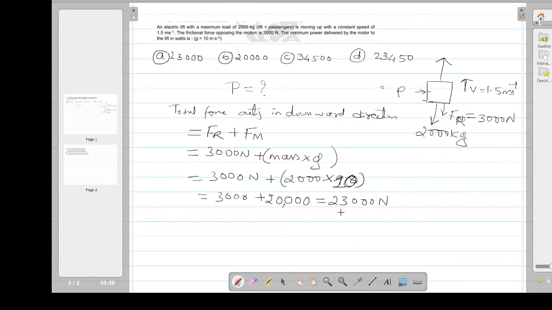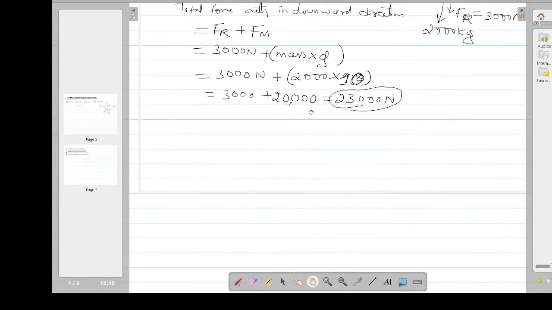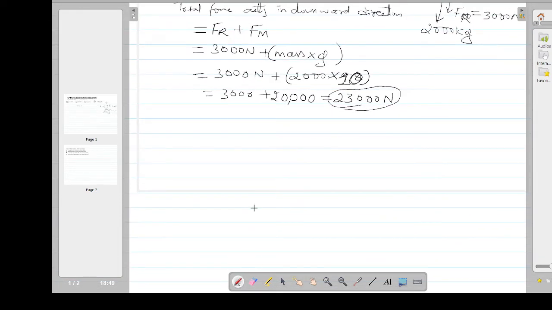So to overcome this, for the lift to go up, how much force do we have to apply? Power is nothing but the rate of doing work. So the work done is F s cos theta divided by time taken. The cos theta is the angle between the force and the direction.